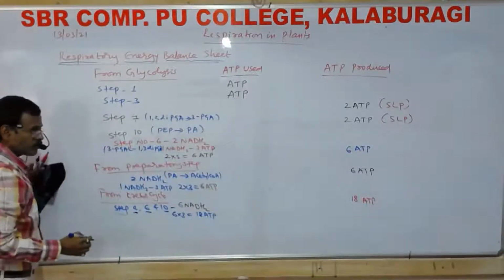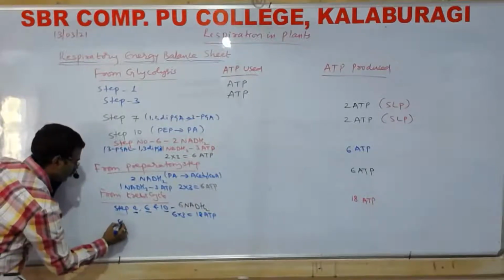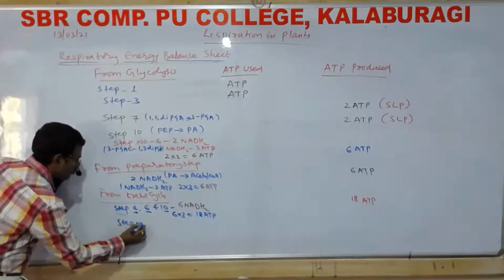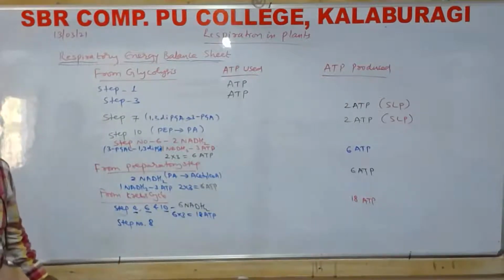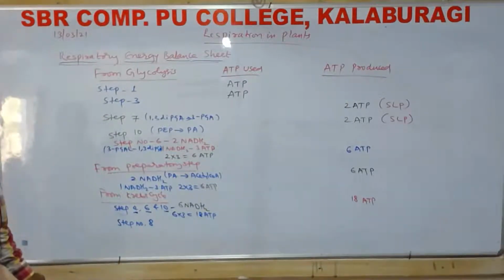Now, step number 8. Succinic acid to fumaric acid, there FADH2 is produced. Succinic acid to fumaric acid, right?